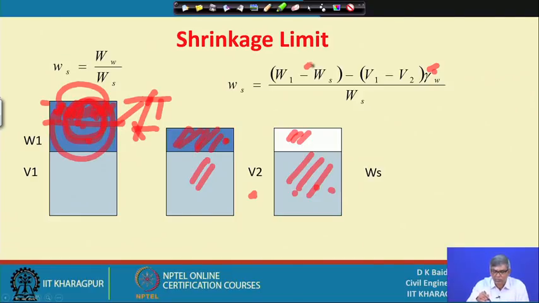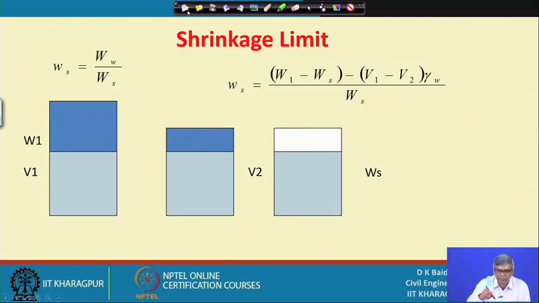By doing this, I am getting the water, and dividing by the weight of solid, water divided by solid, that is nothing but the water content, the water content at shrinkage limit. So, this is the way we can find out the shrinkage limit. Like this, one can find out the 3 limits.